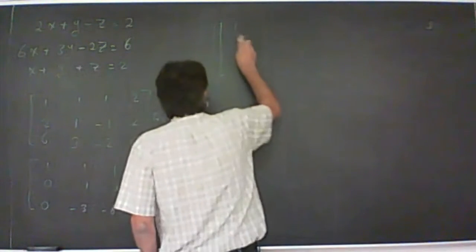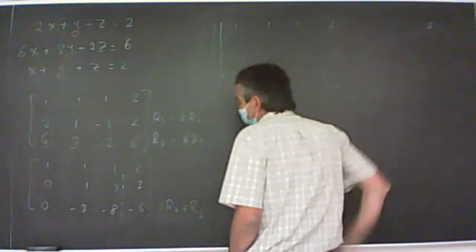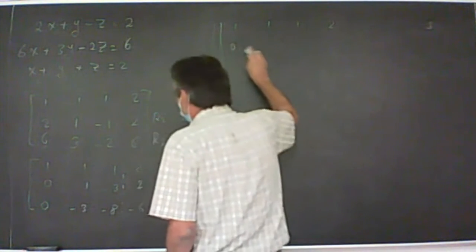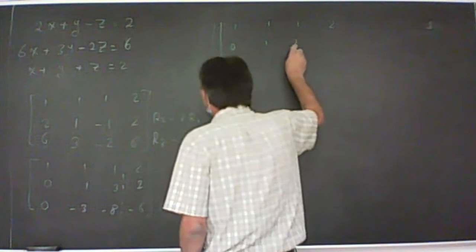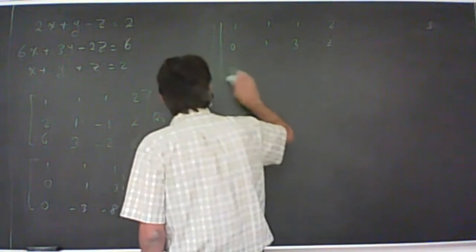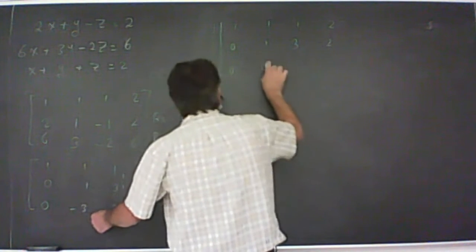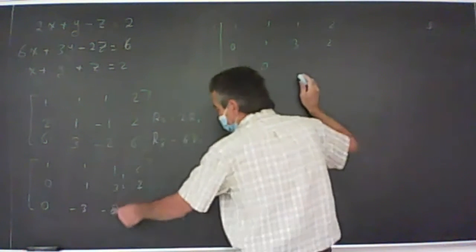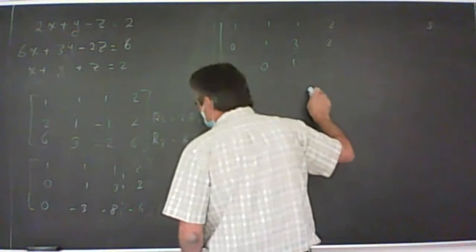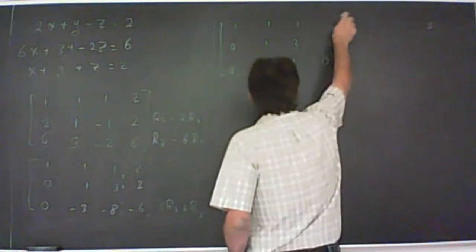So we have 1, 1, 1, and 2, 0, 1, 3, and 2, 0. 3 minus 3 is 0. 9 minus 8 is 1. 6 minus 6 is 0.